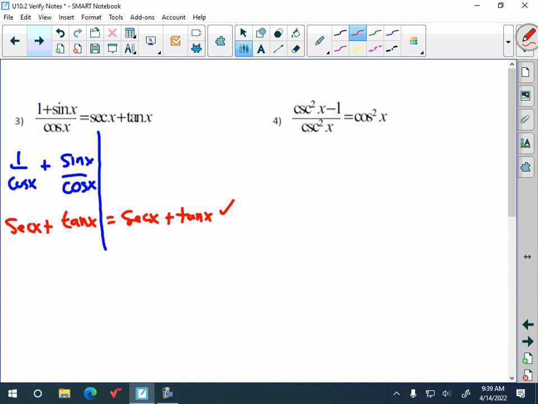All right, now number 4, you actually have 2 methods that you can use. Either look for a Pythagorean identity, because you have a square and there's a minus 1 there, so it's probably a Pythagorean identity. You could also split this up into 2 fractions like we did on number 3.